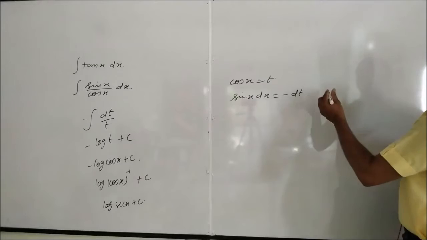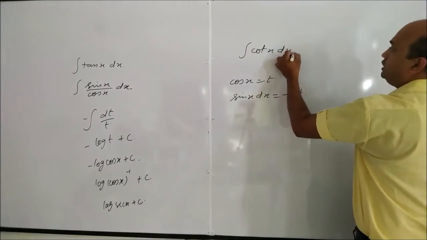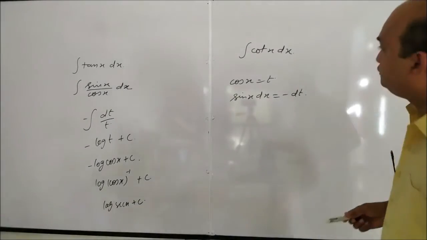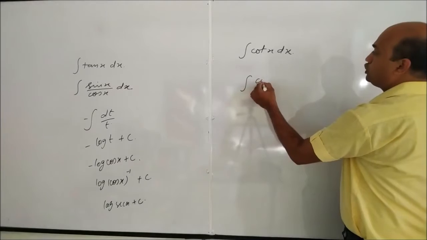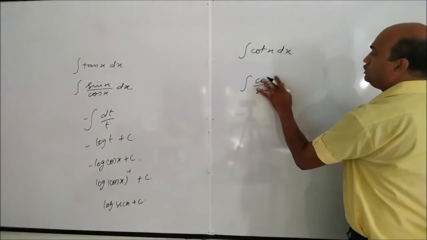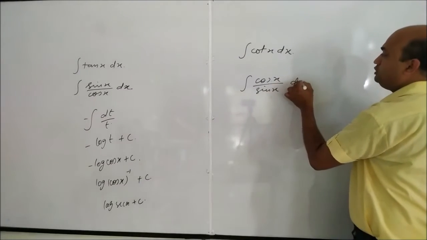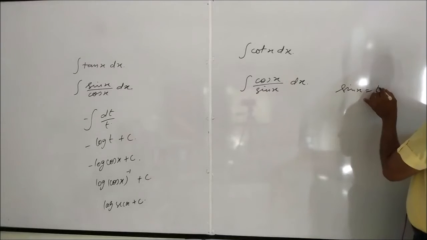In the same way, if we have integration cot x dx, if we have to integrate cot x, you see, cot x can be written as cos x upon sin x. And here what we do? We put sin x is t.